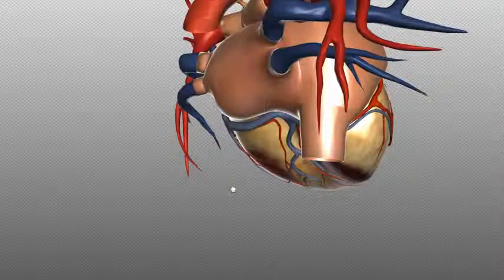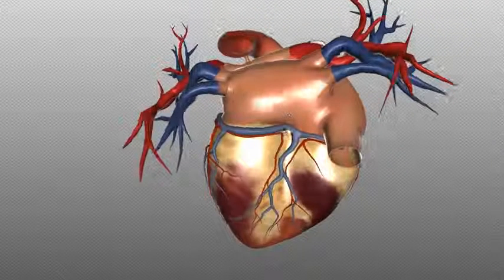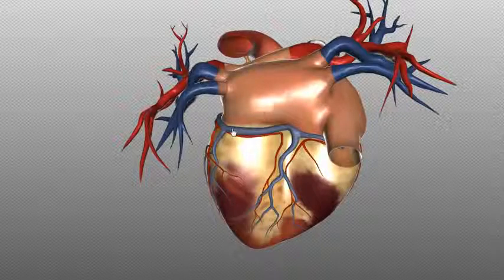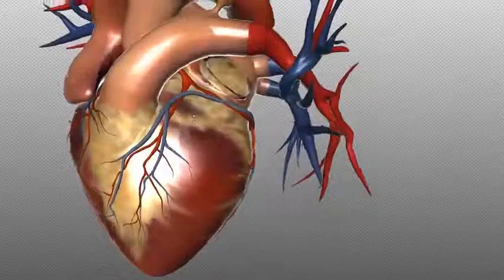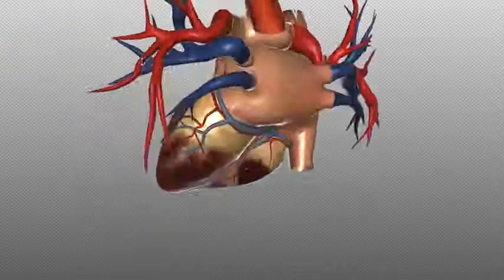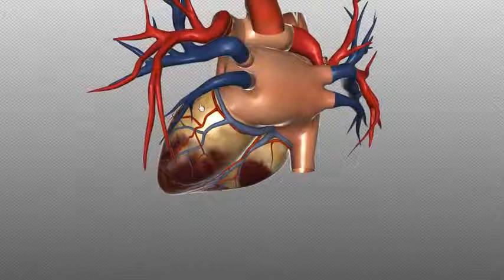So this is the coronary sinus here, and it receives four tributaries. So you've got the great cardiac vein, which runs down the anterior interventricular sulcus and winds around to join the coronary sulcus at the back. So that's the great cardiac vein.